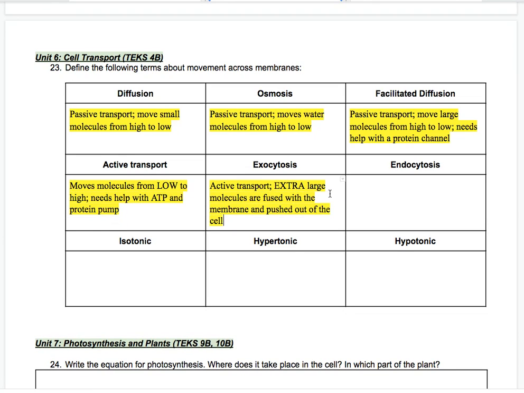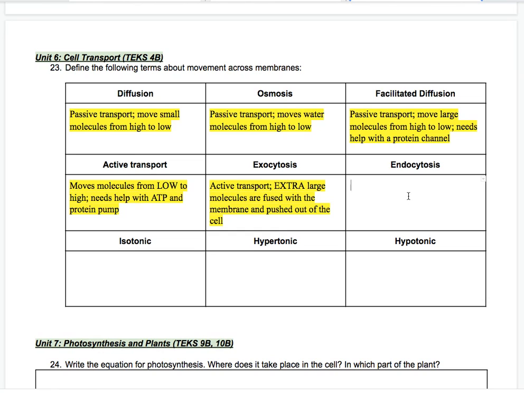So again, those molecules are going to have their own little membrane surrounding them. And then that membrane is going to fuse with the cell membrane, and then it's going to push all of that material outside of the cell.